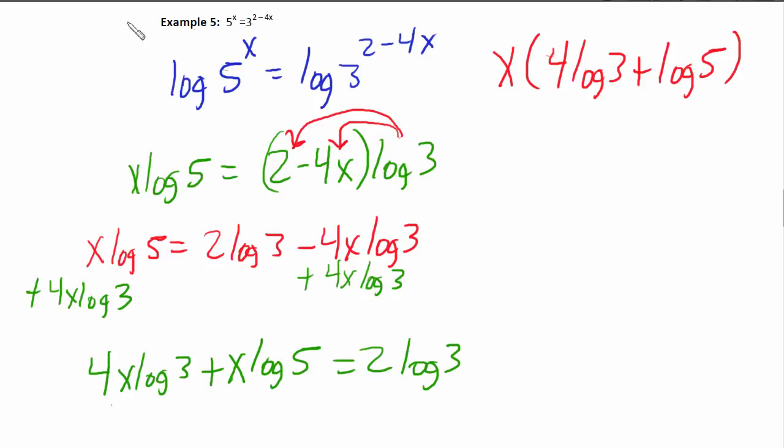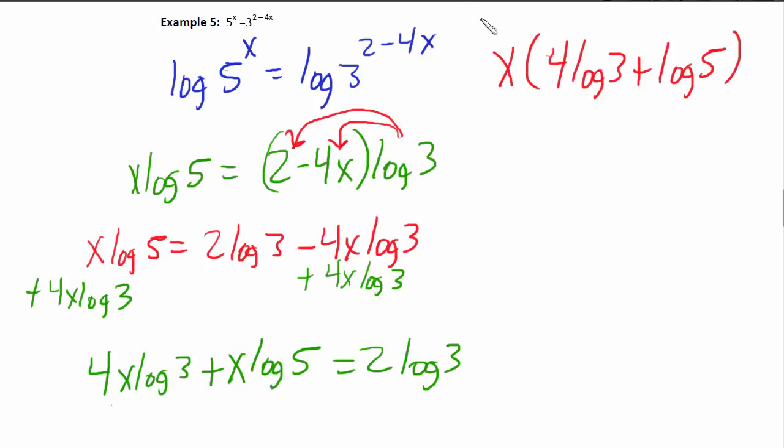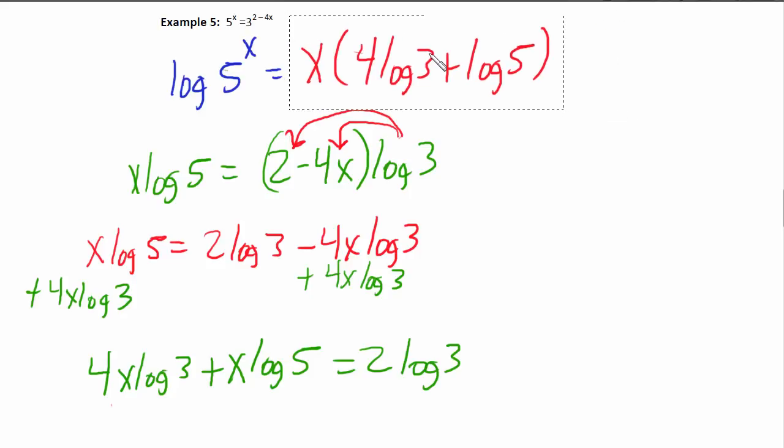And that is equal to, I should have made more room, I'm going to have to cover this up because we're running out of room. So I have x times the quantity 4 log 3 plus log 5 is equal to this 2 log 3 right here.